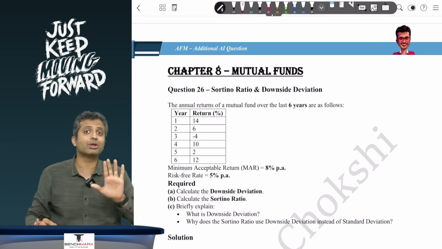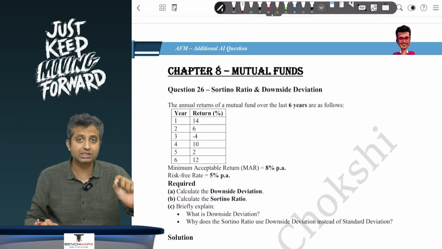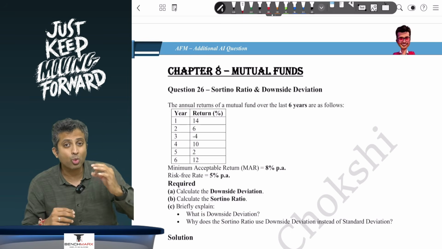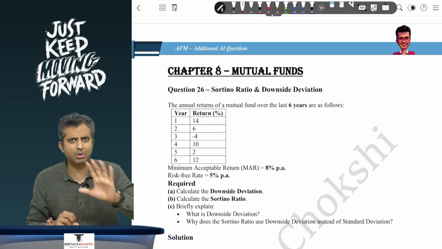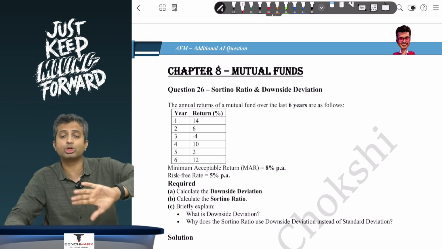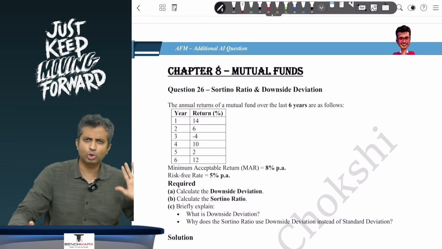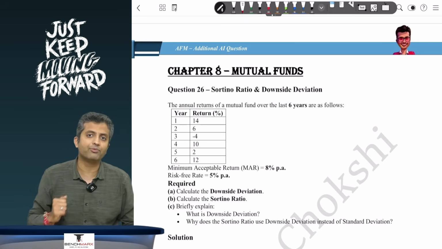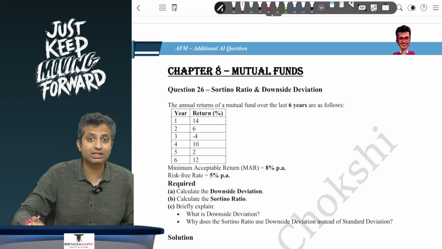First, I need to know how to calculate the downside deviation, that is x minus MAR, the whole squared, that you will do provided your x is lower than the minimum acceptable return, divided by n and under root. And this is what you will use for the purpose of your Sortino ratio. I believe you will know the formula for Sortino ratio, but we want to take a step back to find the downside deviation first. So let us try this.